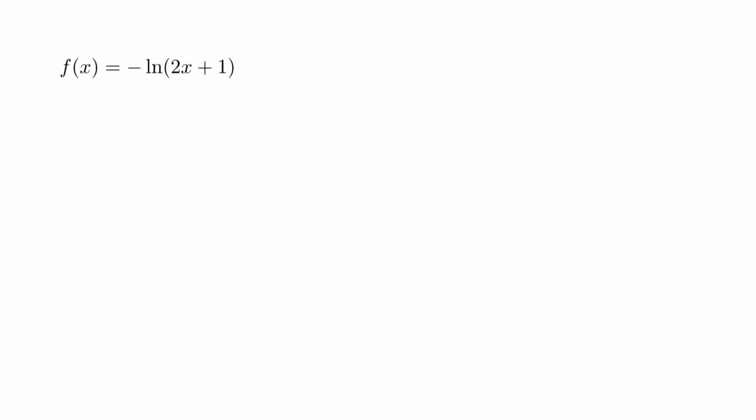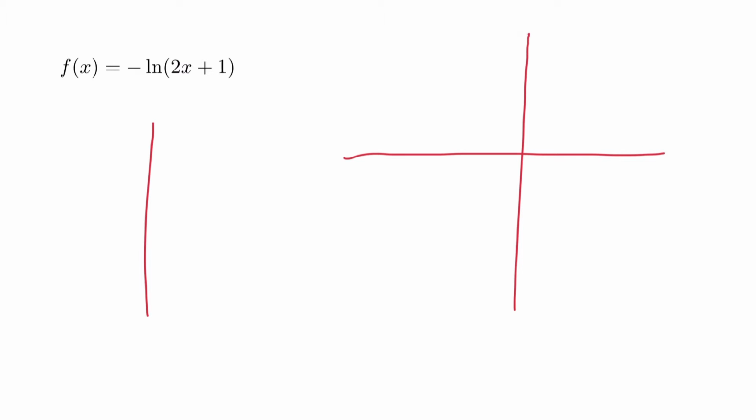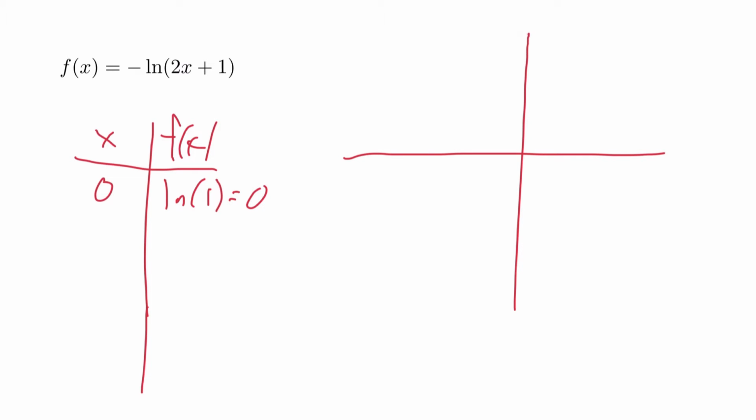So one more example. Ooh, this one's killer. Negative natural log of 2x plus 1. So again, we'll just try and sketch this. At 0, I have natural log of 1, which is 0. At x equals 1, I have negative natural log of 3, which is something like negative 1, since natural log of e is 1, and e is close to 3.